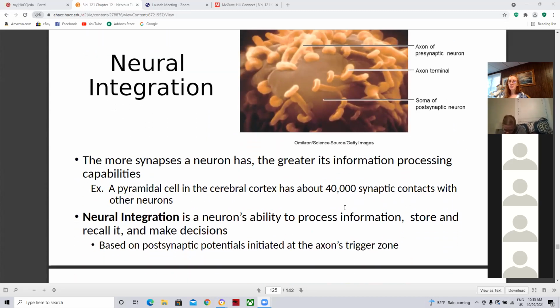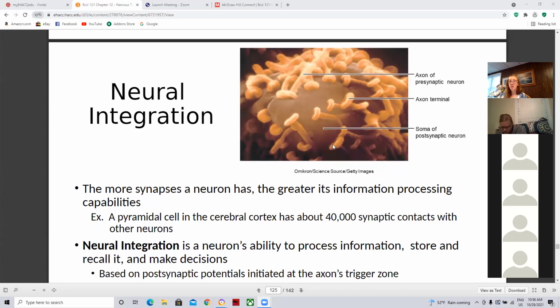The more synapses a neuron has, the greater its information processing abilities. Remember, we saw that one neuron in the cerebellum can have up to 100,000 synapses on it.